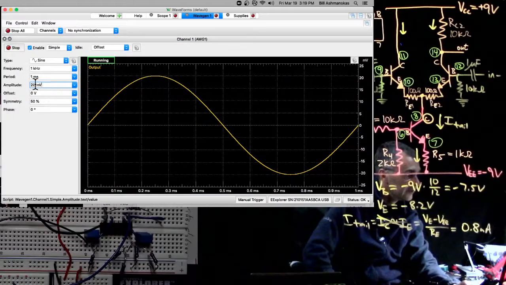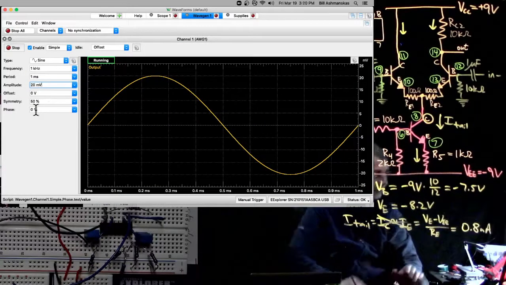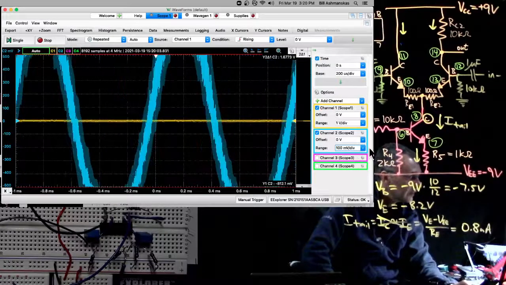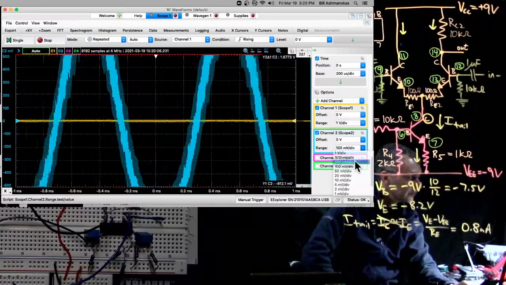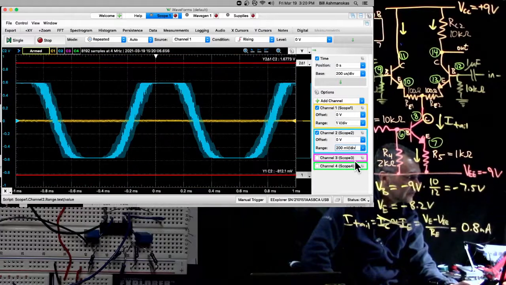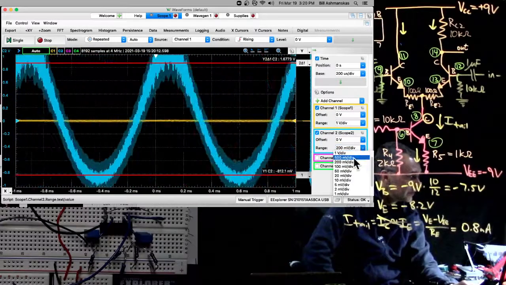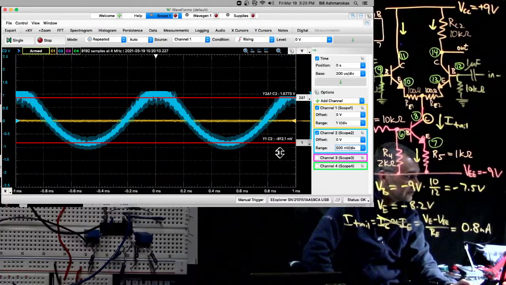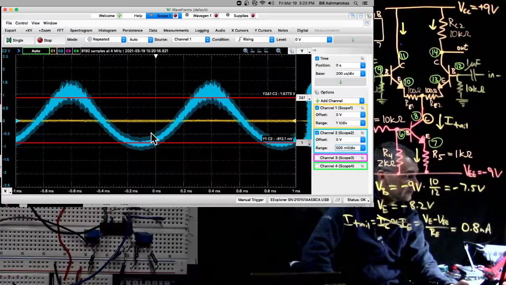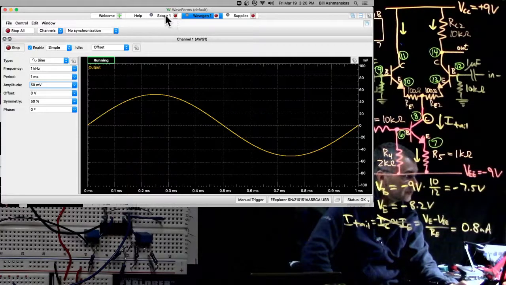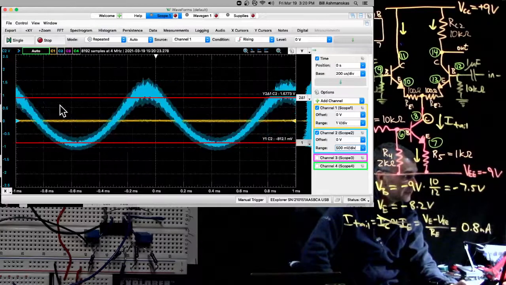Okay, we could try 50 millivolts amplitude, and here we have 200 millivolts per division. Oh, we could try 500 millivolts per division. See, there's a little bit of a nonlinear response there, but okay, so that's 100 millivolts peak to peak on the input.